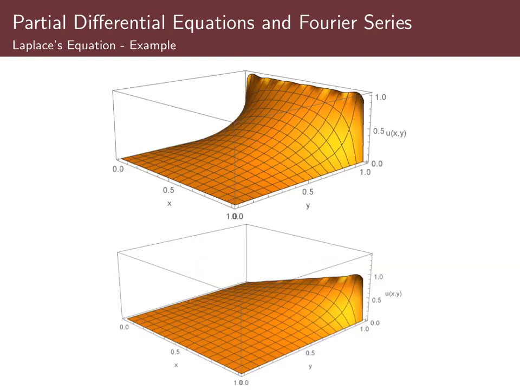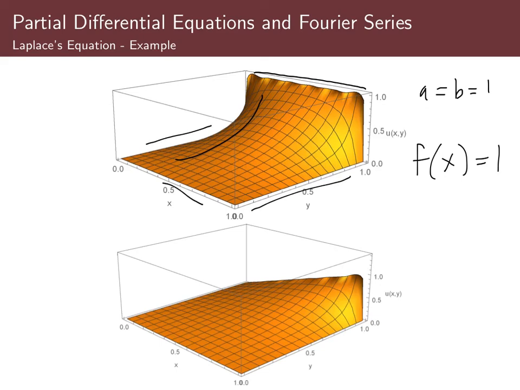Just as an example, if we let a equal b equal 1 and look at some solution profiles, here I plotted on top one where f of x is equal to 1. What we end up with is a function that grows to equal the 1 function at one of the boundaries and is 0 at all the other boundaries, while satisfying Laplace's equation on the interior.